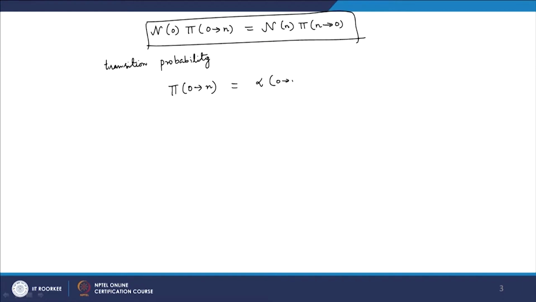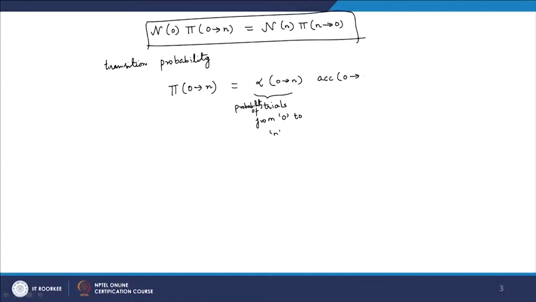Let us say alpha O to N represents the probability of trials from O to N. We can make many trials, but only the probability of trials that go from O to N should be considered, multiplied by the probability of accepting those trials.